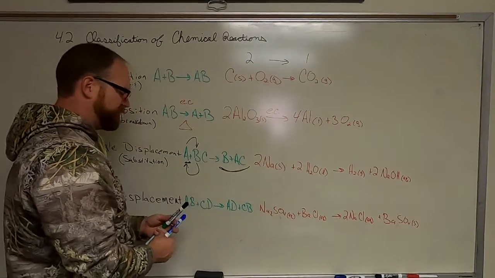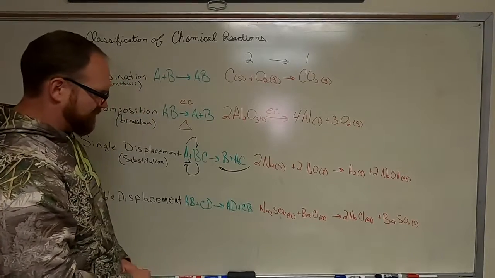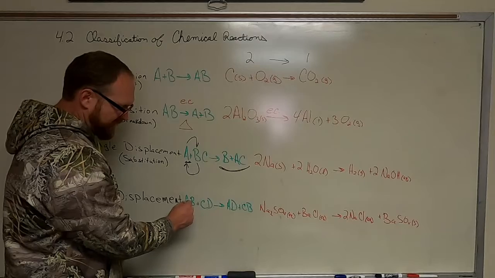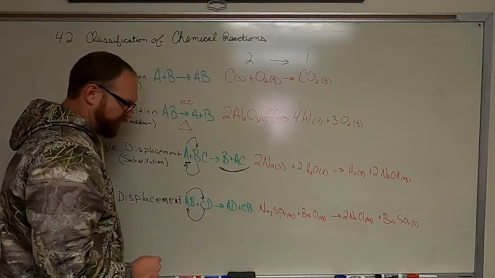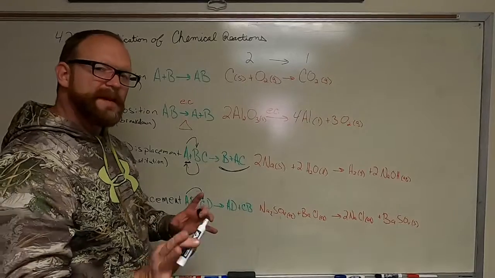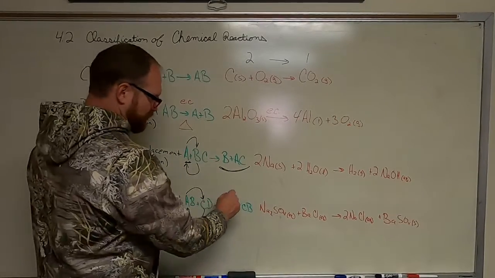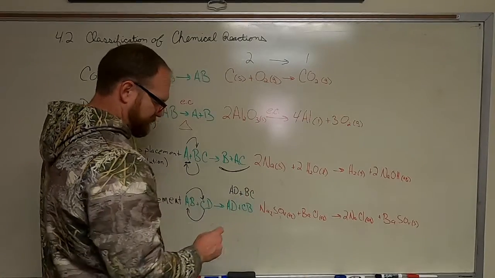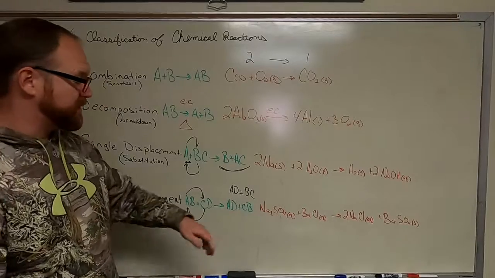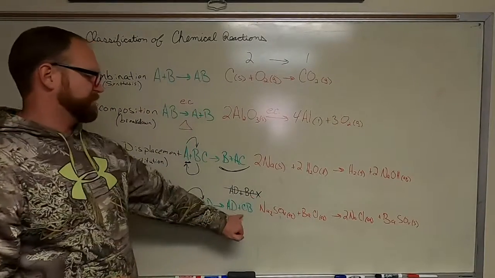Now, I'm going to point this out. It may seem obvious that when we have A, B, and C, D, the A is just coming over here and C is coming back over here. It may seem obvious, but what we can't do is write AD plus BC. That's a no. Can't do that. It has to be CB.